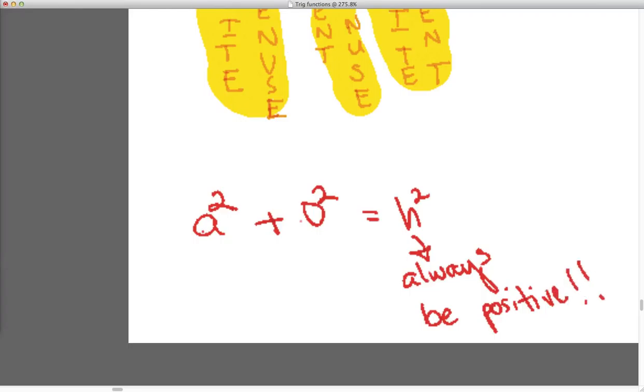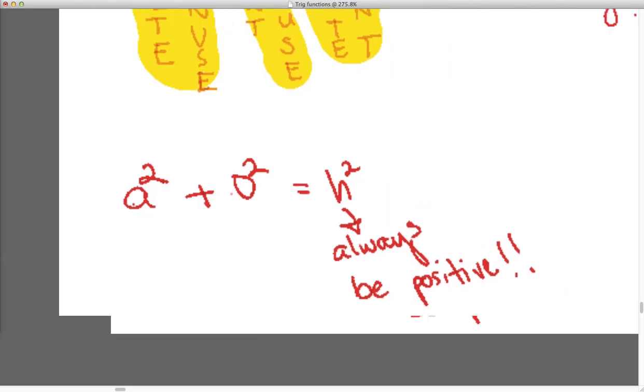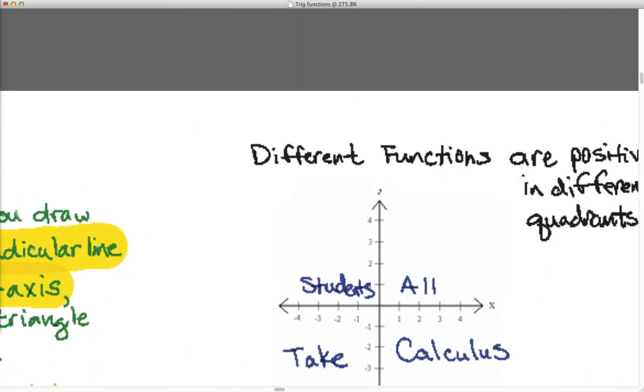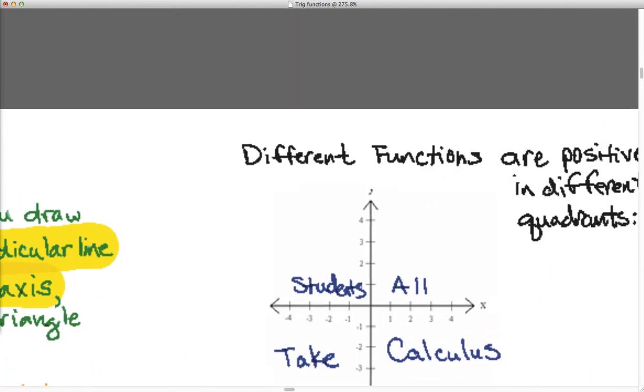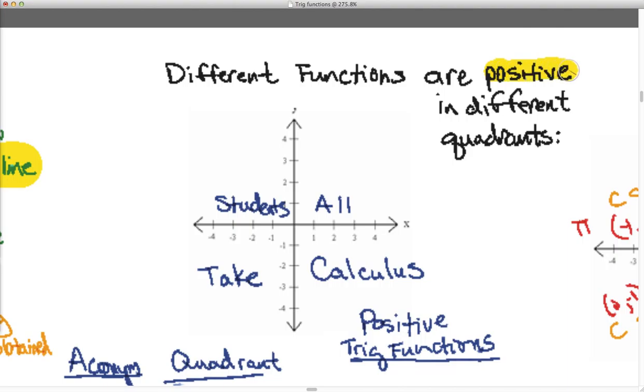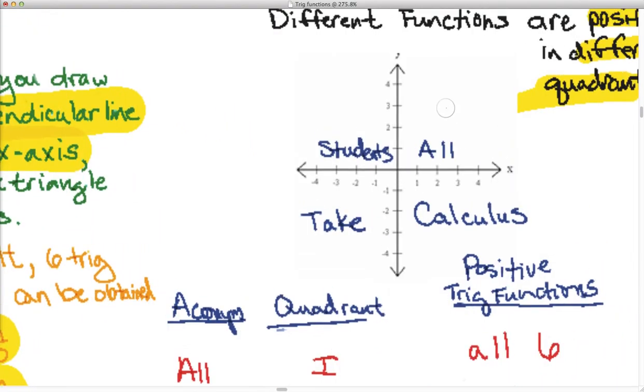Okay, so back to our trig functions. Now there's an acronym that helps you memorize what functions are positive in the different quadrants. Okay, if you remember, the quadrants are 1. I guess I'm on a layer now.